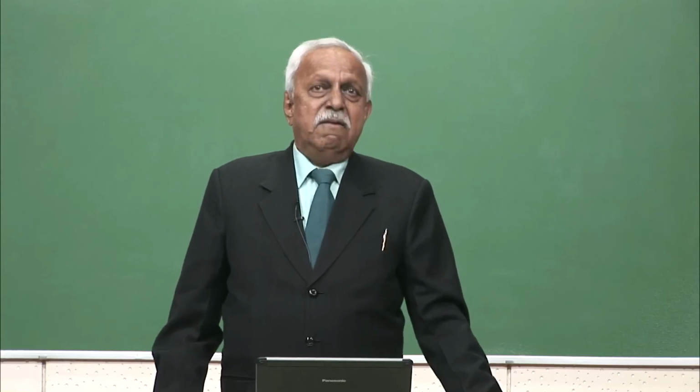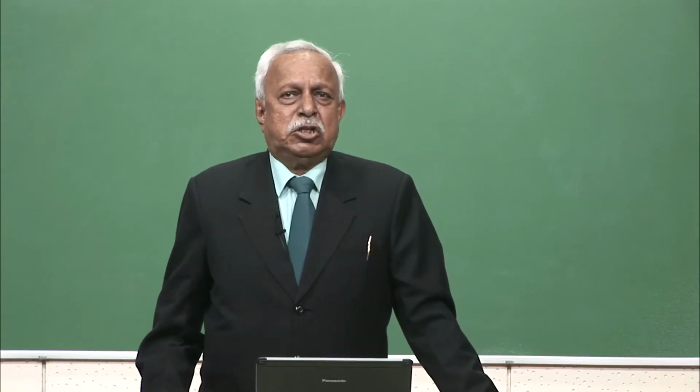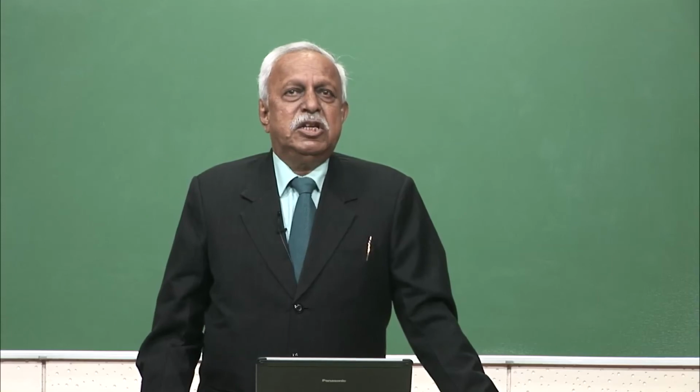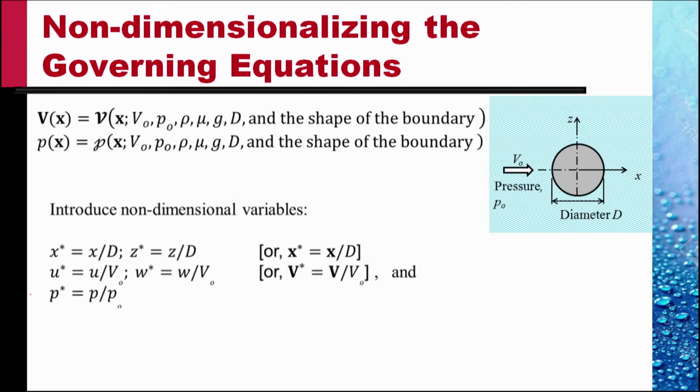So that we may talk of a point x, which is 2 diameters away from the cylinder in front of it, or 1.5 diameters on top of it. This would be a natural measurement of length in this problem.